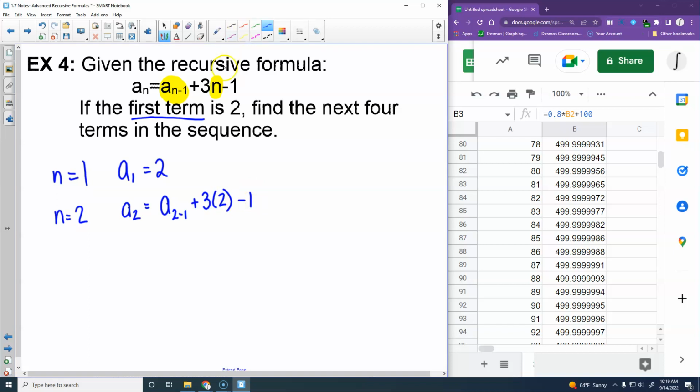So all I did there is I took this n right here and this n right here, and I replaced both of those with 2's. So right here, when I do 2 minus 1, what do I get? I get 1. So this is a sub 1 plus 6 minus 1. What is a sub 1? It is 2. So 2 plus 6 minus 1 is going to give us 8 minus 1, which is going to be 7. So a sub 2 equals 7.